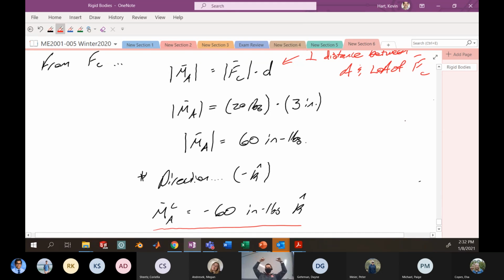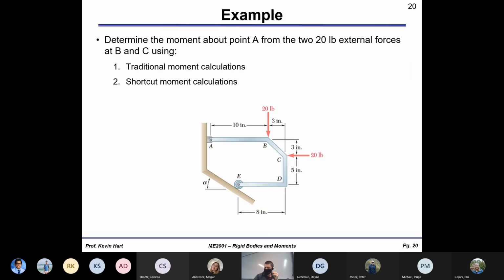But I'm hoping by the end of the class, you should be able to look at a system that looks like this and quickly say, okay, the contribution to the moment at A from this force is just 10 times 20, it's 200 pounds. It's acting in negative K, negative 200 K. Bang. This guy, 20 pounds, it's 3 inches away, perpendicular distance.